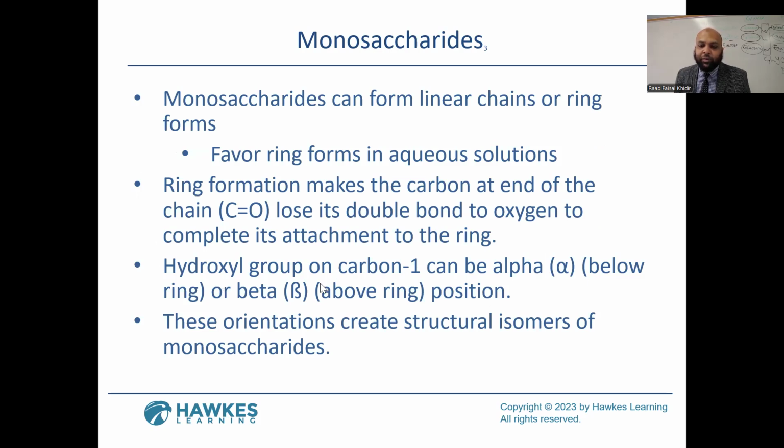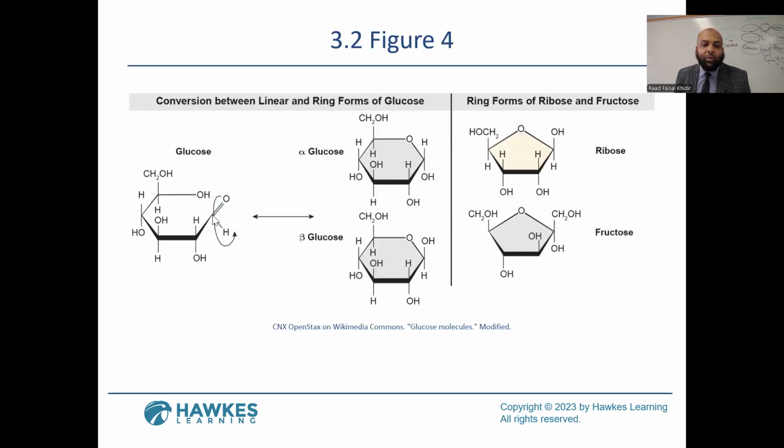If it's above the ring, that makes it beta. So it's going to cyclicize. This is my carbon 1. If my OH is below the ring, like here, that's alpha glucose. If the OH is above on the top, that's a beta glucose.